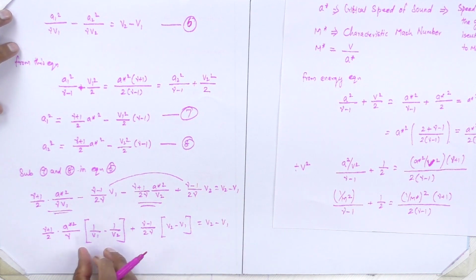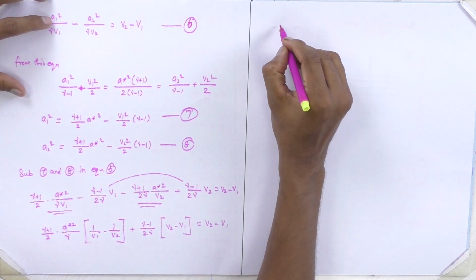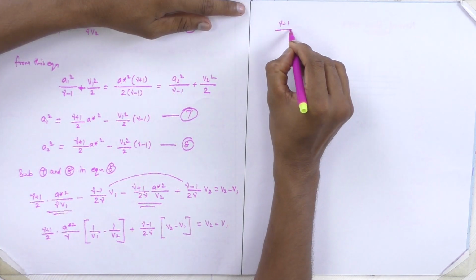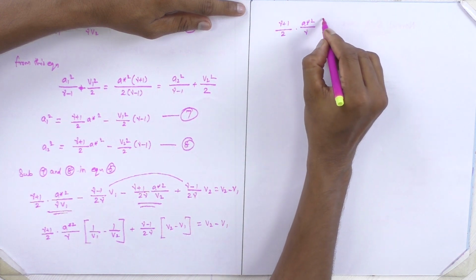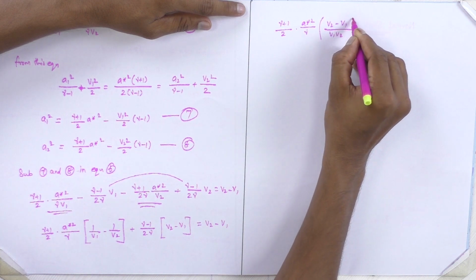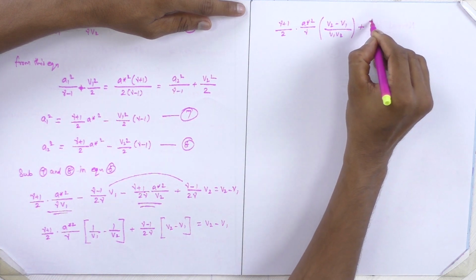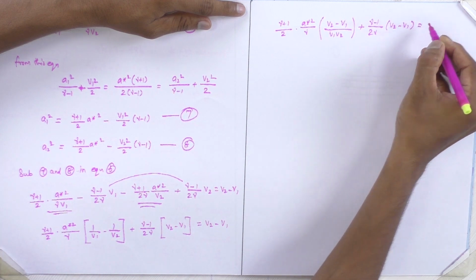Now here we can take the LCM. So (gamma plus 1)/2 into a star square divided by gamma into (v2 minus v1) divided by v1 v2, plus (gamma minus 1)/(2 gamma) into (v2 minus v1), is equal to v2 minus v1.